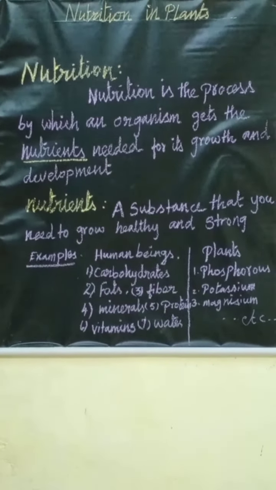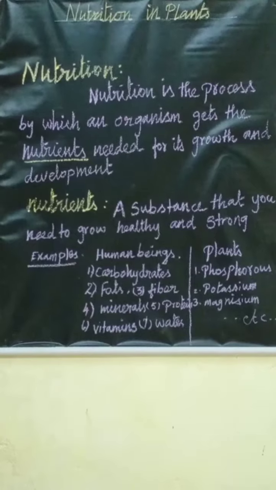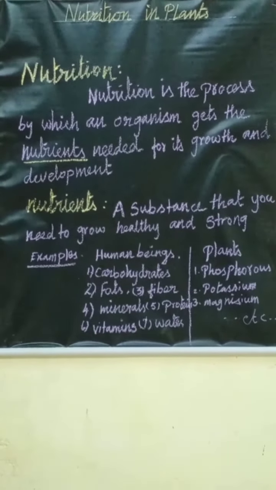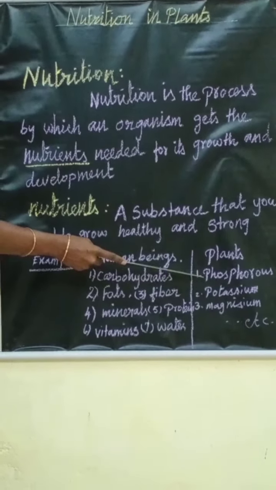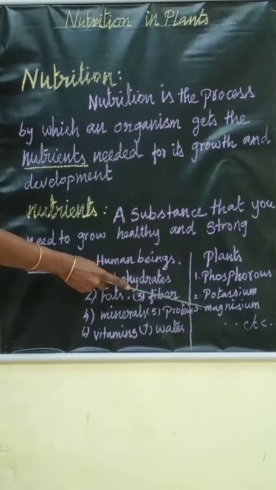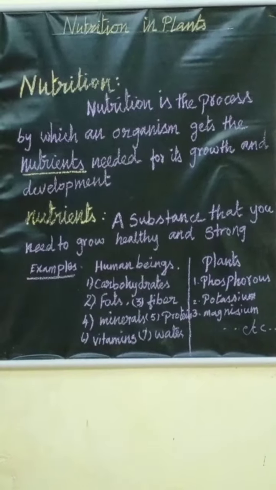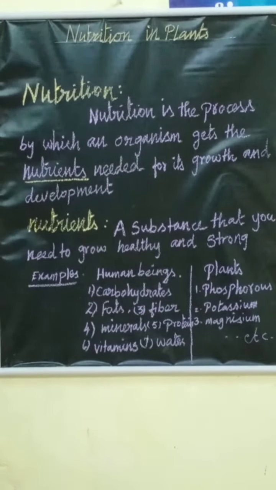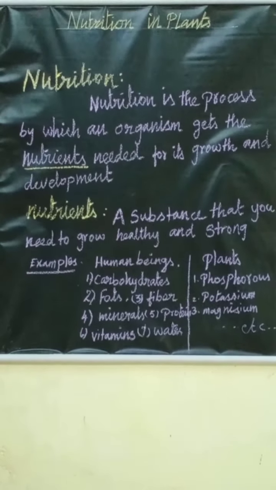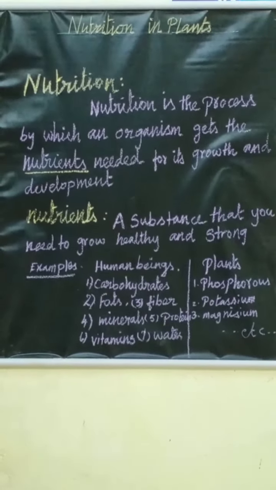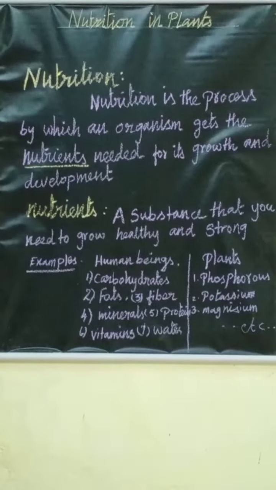I am going to say the nutrients needed for the plant. What are they? Phosphorus, potassium, magnesium and so on. Plants get these nutrients from the soil.